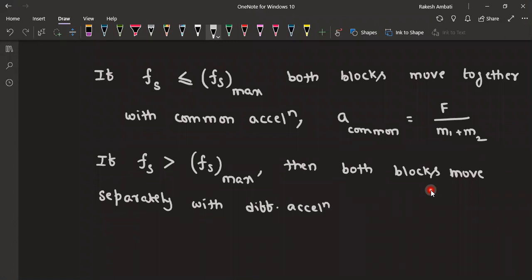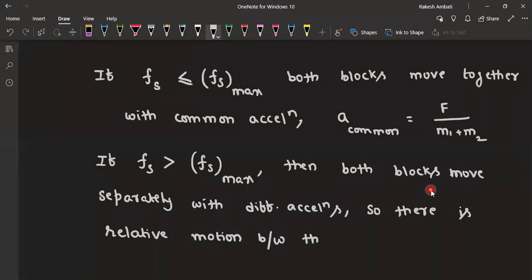If they are moving with different accelerations, what is the relative motion between them? Present. So there is relative motion between them.